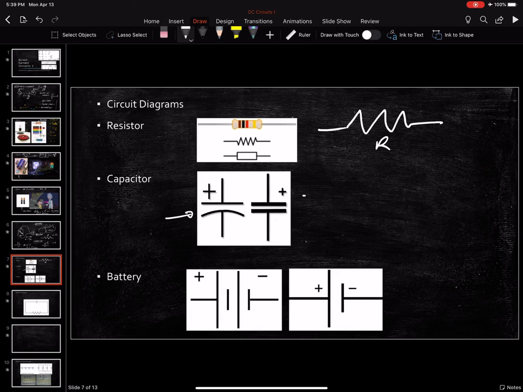For my capacitor, I'm going to draw it as two parallel lines. And then for my battery, some people draw it doubled up like this. I'm just going to stick with this one. So here's this positive terminal there, negative terminal there, or whichever way you've got it. Notice capacitors and batteries look very similar, except capacitors have both the same length, batteries have different length.